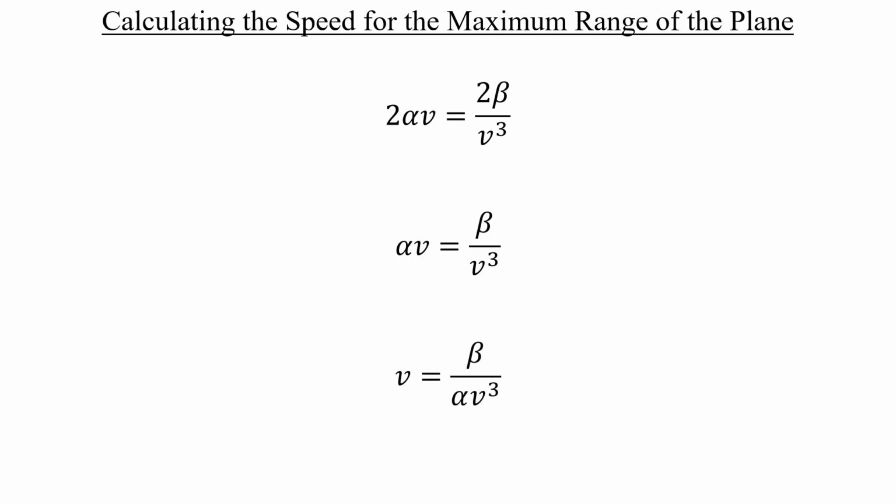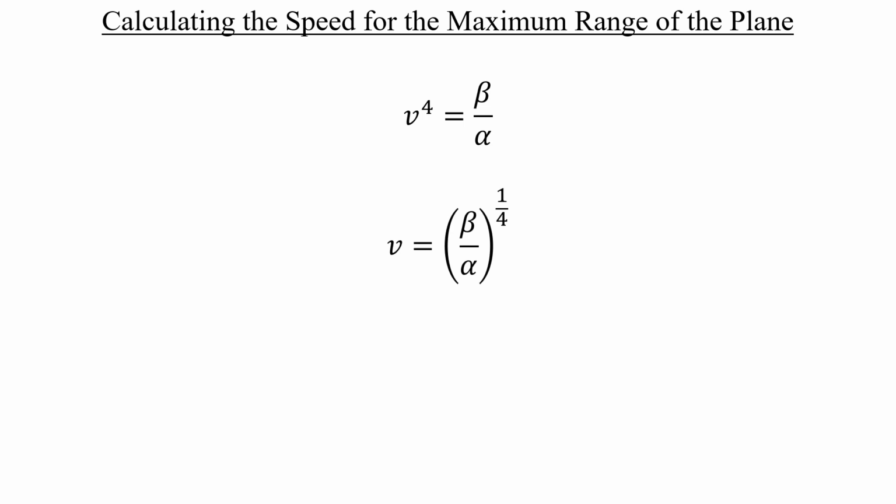We want to solve for v, so let's also multiply both sides by v cubed. We'll need to get rid of that 4 in the exponent, so we can raise both sides to the power of 1/4, and now we have just plain v.